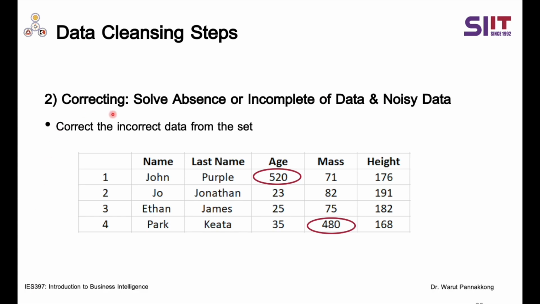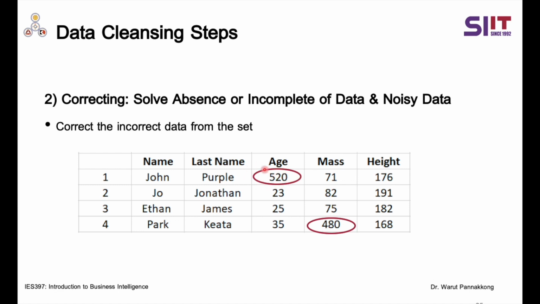Next step is correcting. Solve absent or incomplete data and noisy data. So we can correct the incorrect data from the set. For example, if we see that this value doesn't make sense, it may be in the range or not if we don't specify that we want the age range to be less than, let's say, 200.